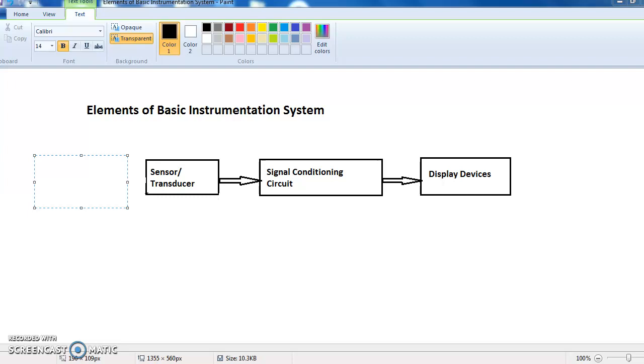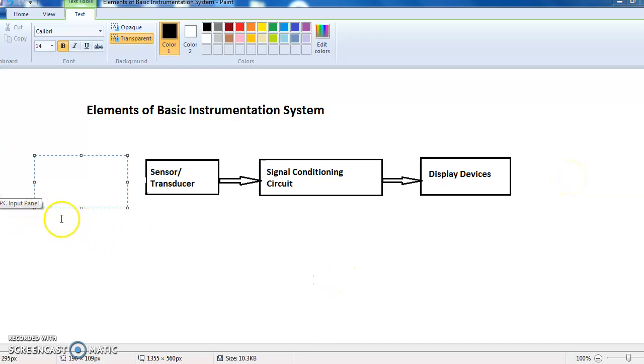So we can see that the basic and very important element present in an instrumentation system or in any automatic system is the sensor. If we don't have a sensor in the automatic system, we cannot automate the system. So what does this sensor do?